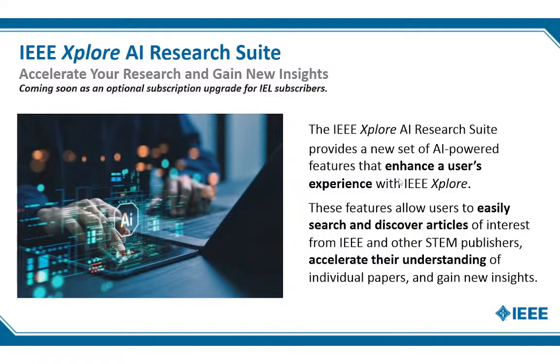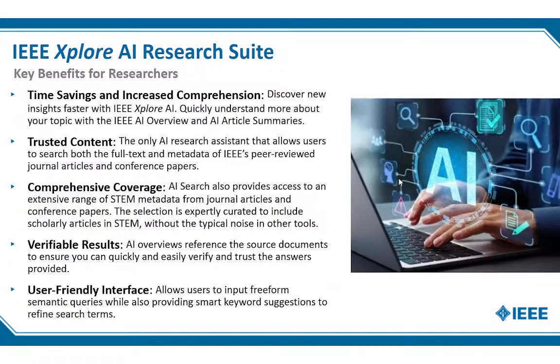It also allows users to easily discover articles and accelerate the understanding, because the tool does have a function, which I'm going to show you in a minute, to provide an AI overview of the key technologies based on trusted resources. The key benefit includes, number one, time saving.